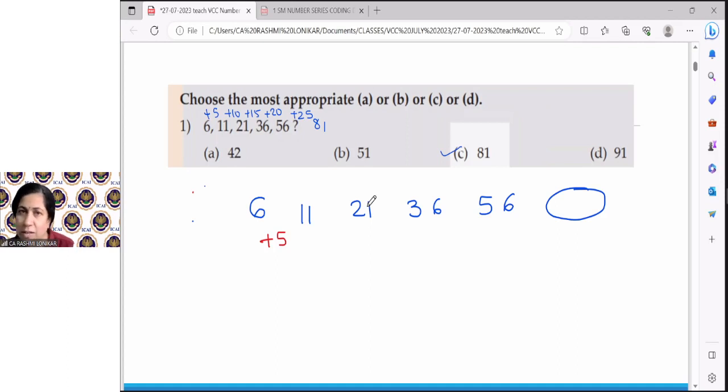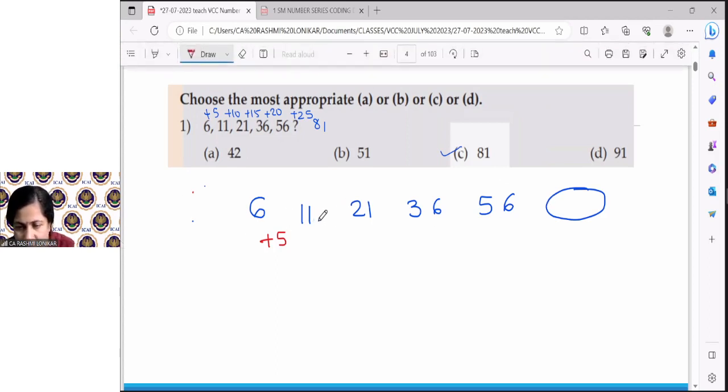Since this is a gradual one, there is simply an addition. But if there is a very big jump, you will have to see whether it's an exponential, or a multiplication of the first term with the second term, etc. We'll be doing all types, don't worry.